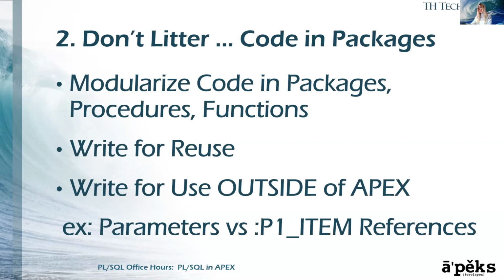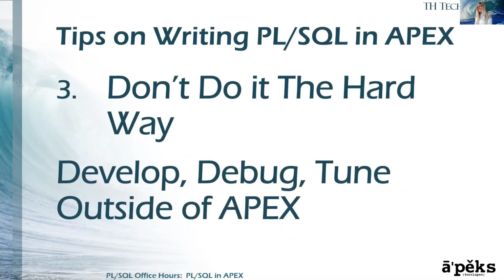It also makes it easier to test, so you can test your code outside of Apex with fewer moving parts. So you want to make sure your query returns the right data, your procedures and functions do the right thing outside of Apex, so when you put them into Apex and something goes wrong, it's in the Apex side, not in the PL/SQL or backend code side. Exactly, Steven. Which brings me to my third point.